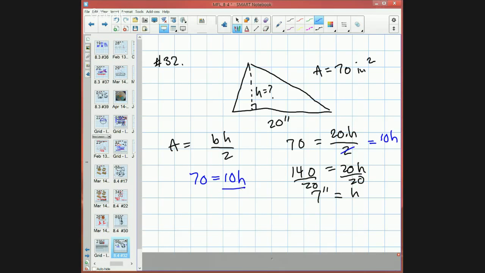Can't I just divide both sides by 10? Yep. So now we can see that the height, this is supposed to be an h here, sorry, not very clear, the height has to be 7 inches.